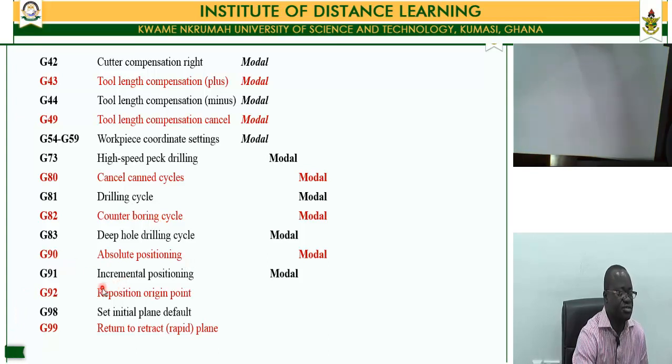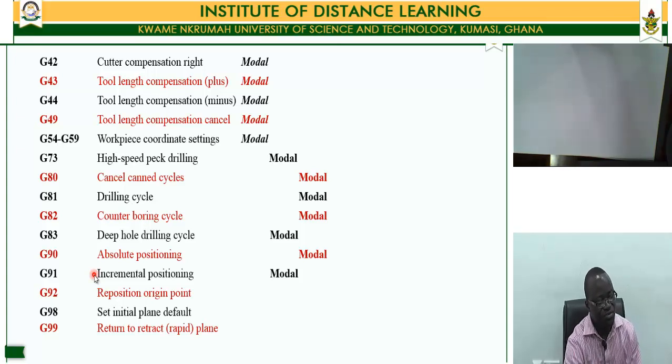G90 is positioning system. If the coordinate system that you are using is absolute positioning or absolute coordinate system, then you use G90 to initialize the command, so that all the coordinates will be taken from a reference zero and they become absolute coordinate system.